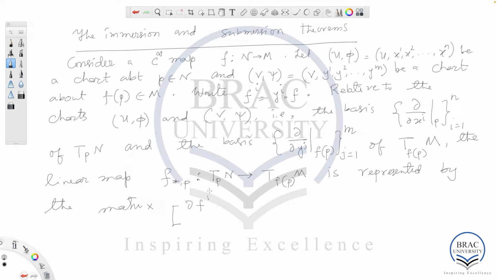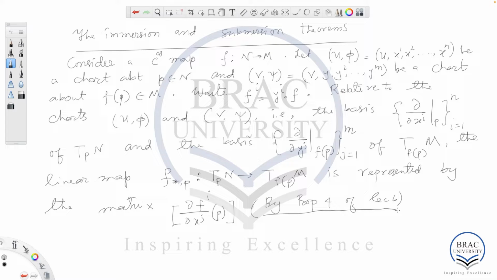the matrix del f_i by del x_j at p, where i runs from 1 to m and j runs from 1 to n. This is an m times n matrix, and this is so by means of proposition 4 of lecture 6.